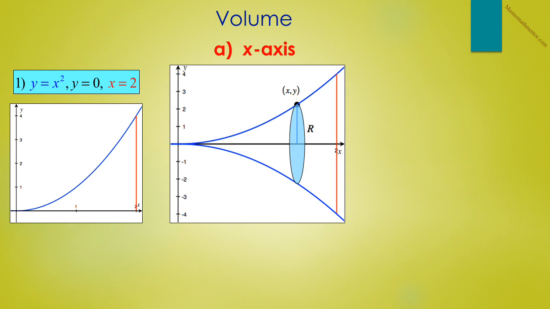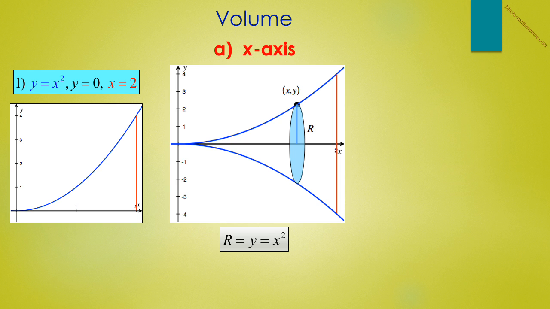We will first rotate this region about the x-axis. We draw a mirror image of our curves, and our graph now appears as shown on the screen. This is a disk problem, as there is only one color from the black center of rotation to the curve. We draw a representative disk, shown in color, and then draw the radius, capital R, of that disk from the center of rotation out to the color, and we will label that point x, y.